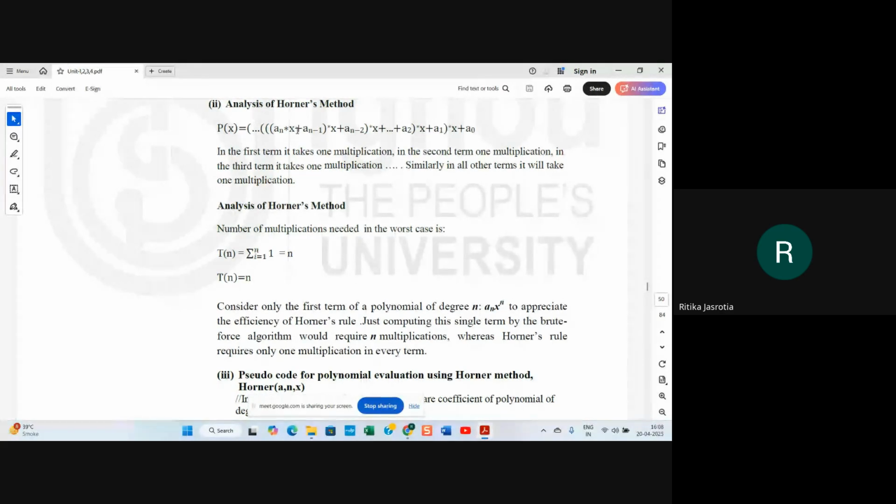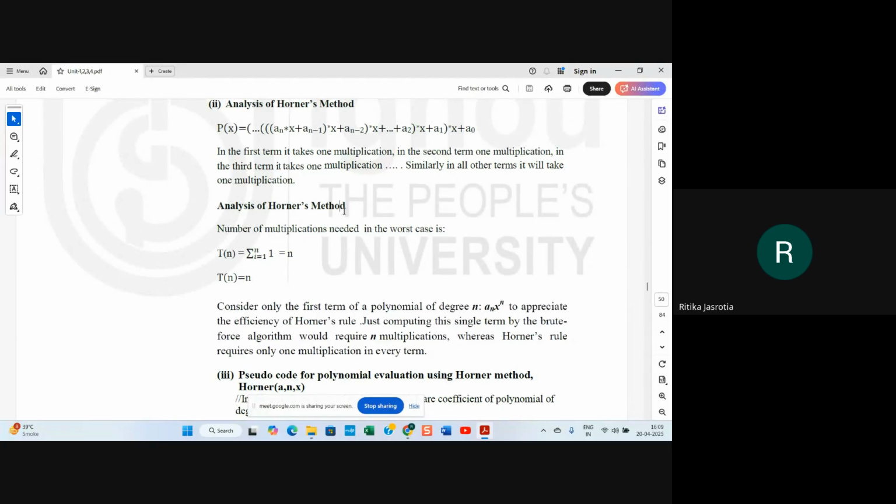So here they are not considering the exponent part of it. They are just counting the multiplications, because they have taken x out of the brackets, right? And they are considering 1 unit for each time you are multiplying.